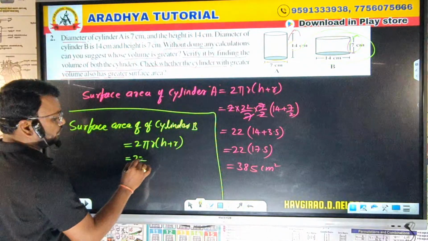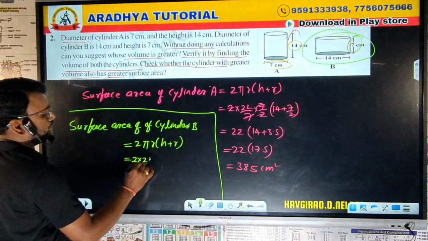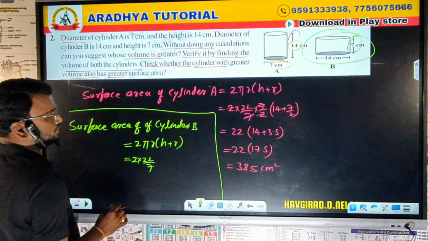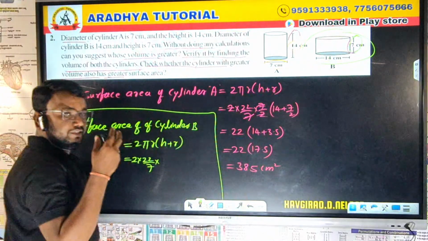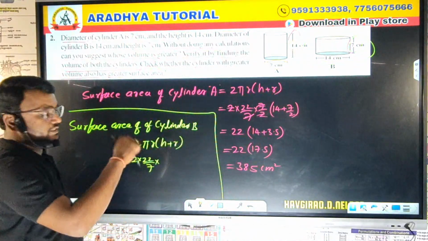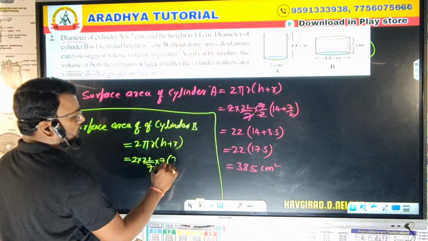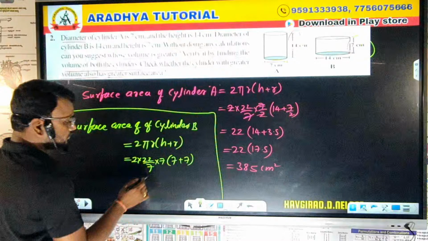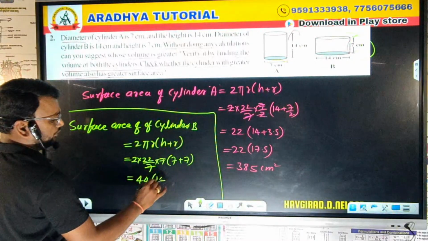Here 2 into 22 divided by 7, pi is 22 divided by 7, r is here 7 only, because the diameter is given as 14 centimeter, so the radius is 7. 7 into (7 plus 7), 7 gets cancelled, 44 into 14.